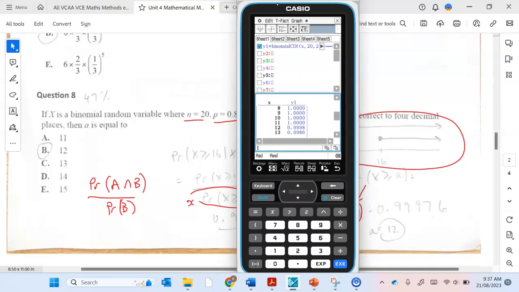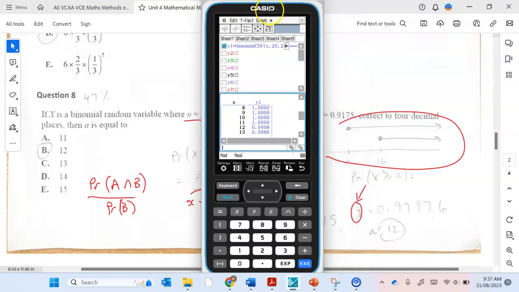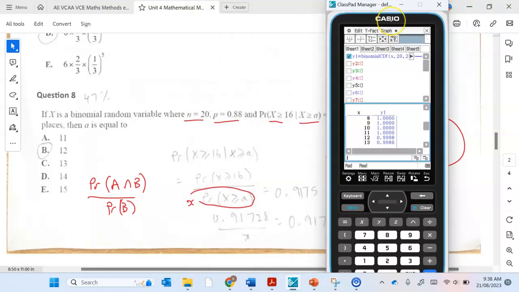So you can see there we want it to be, sorry, I'm just looking at my answers, 0.99976. So the first time it's going to hit that is n equals 12.